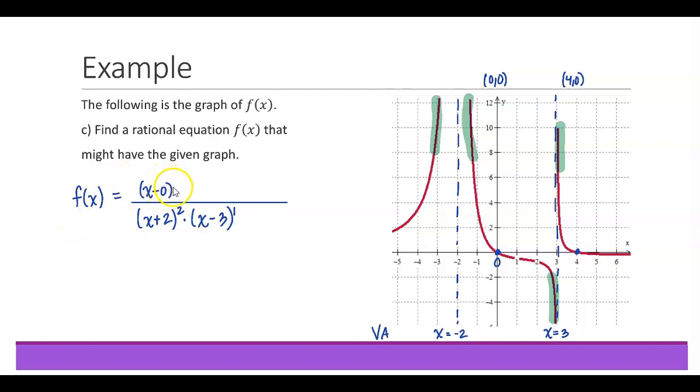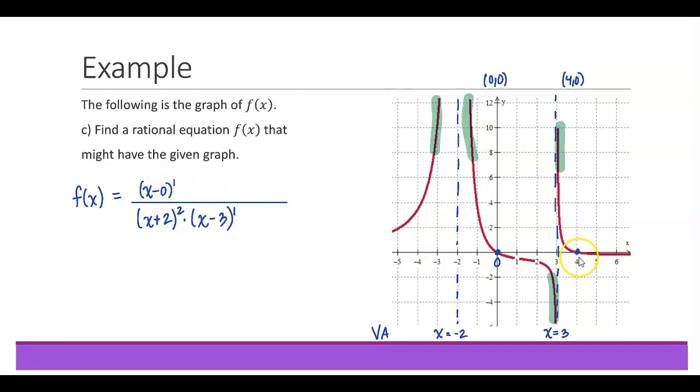Again, it's a matter of thinking about whether this is a repeated factor, so what is the multiplicity? We know from graphing higher degree polynomials that if I cut through the x-axis like I'm doing here at x equals 0, then the multiplicity has to be 1.